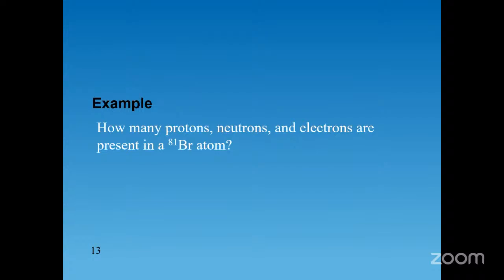Here's another example. How many protons, neutrons, and electrons are present in bromine 81? Now, in this case, they did not indicate the atomic number, but you still can find out what the atomic number is. All you have to do is consult the periodic table and look up the atomic number of bromine, which is what? I can see it from here. 35. 35, okay.